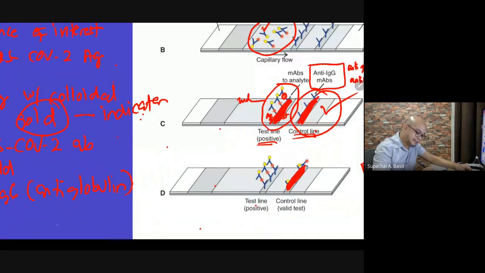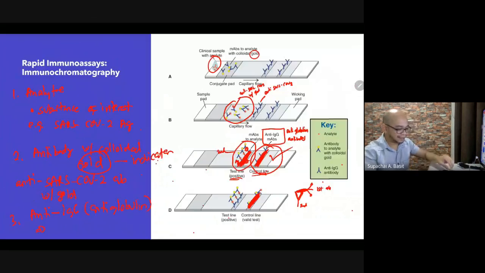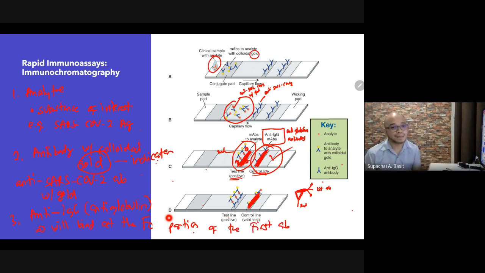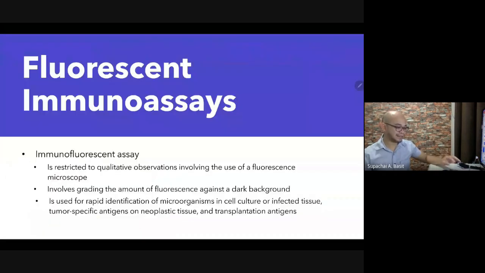The first antibody, it will bind at the Fc portion of the first antibody. Okay, so that's the purpose of the third component. Okay, so rapid immunoassay.